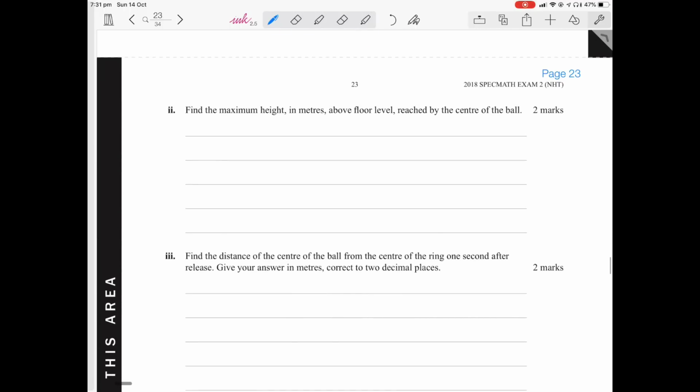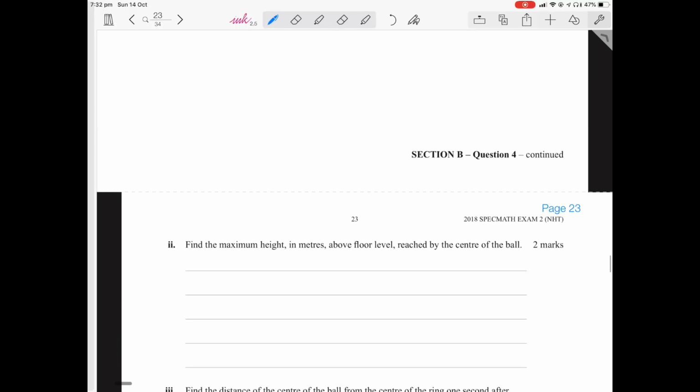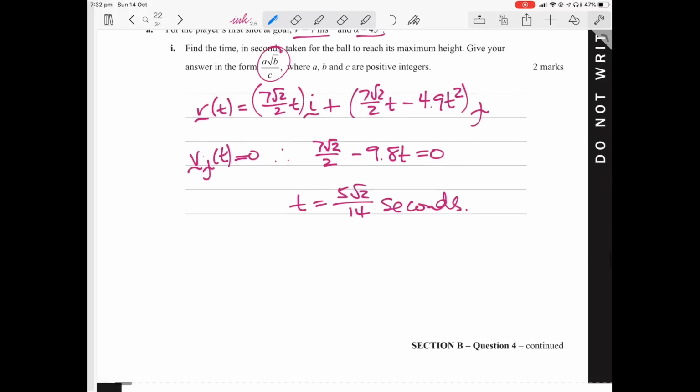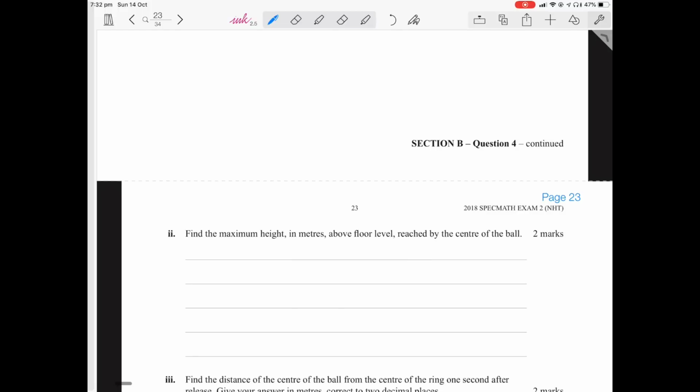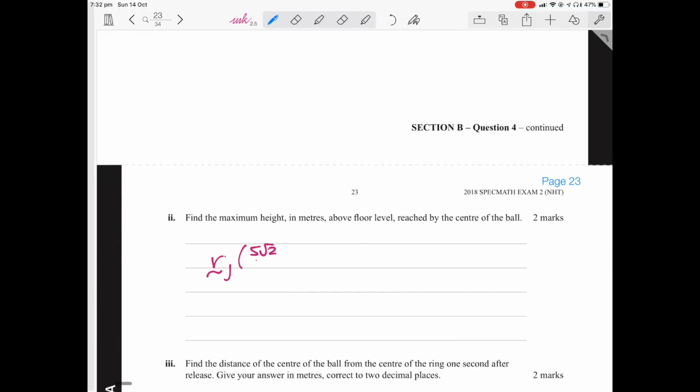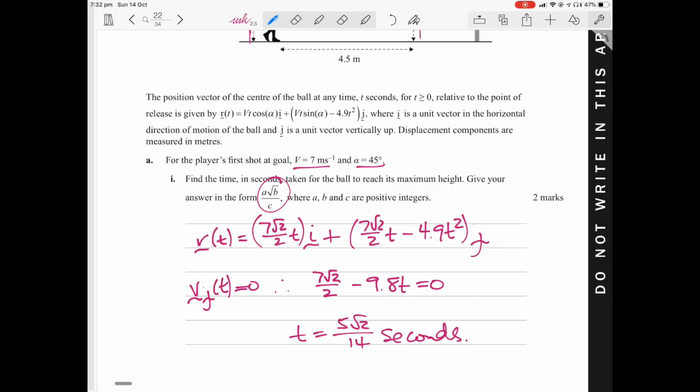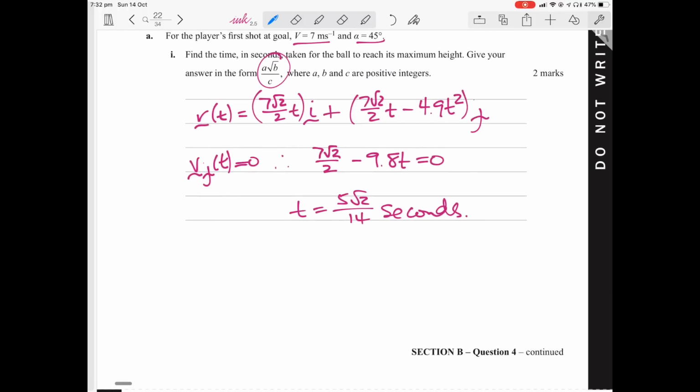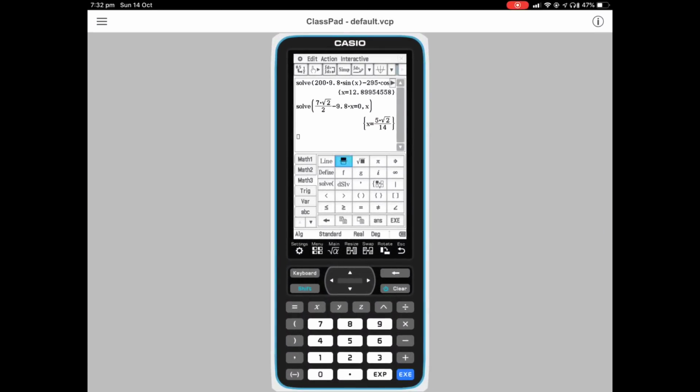Find the maximum height above floor level reached by the ball. Okay, so we'll say r(5 root 2 on 14) is equal to 7 root 2 t minus 4.9, 7 root 2 on 2 times that minus 4.9 times that squared, 5 on 4.